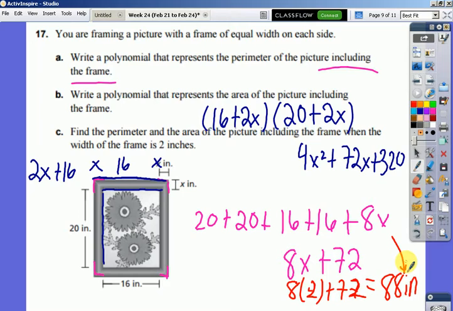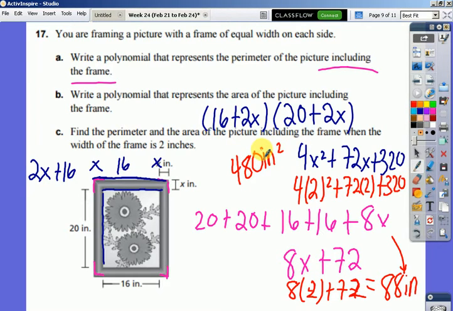So in this case, when you plug into here, you have to know your order of operations. Do your exponents first, then do your multiplication, and you get 480. 480 inches squared. Okay. Would that seem something that you could do on a test?